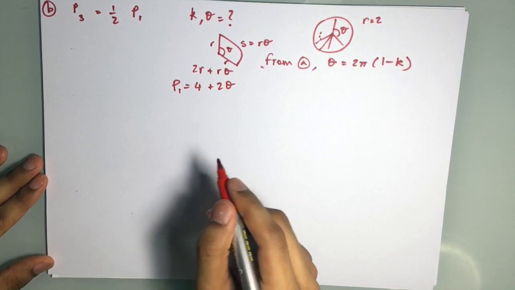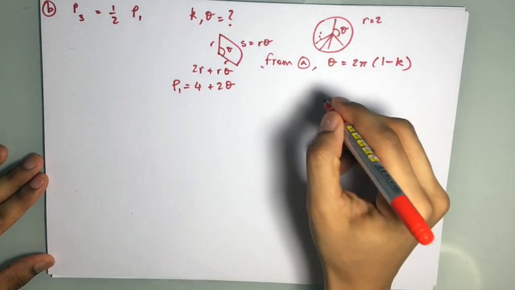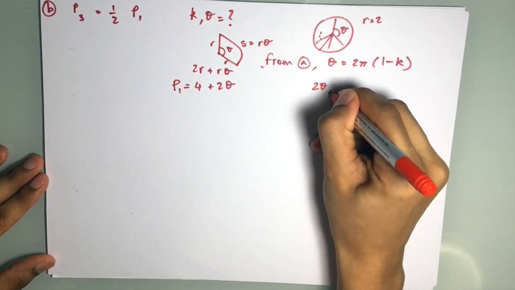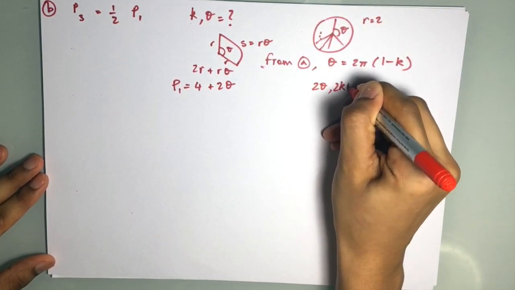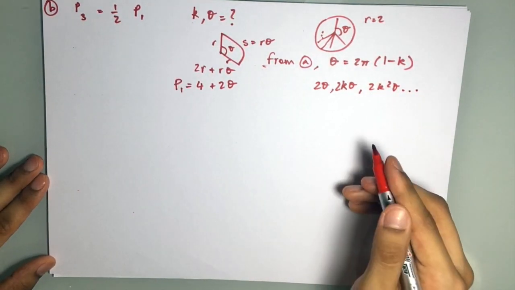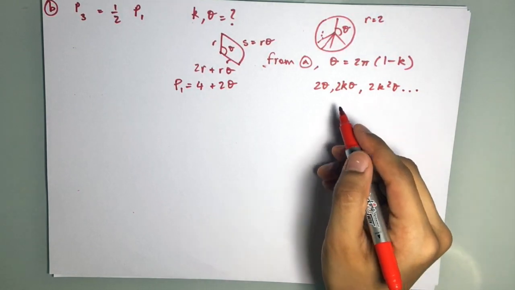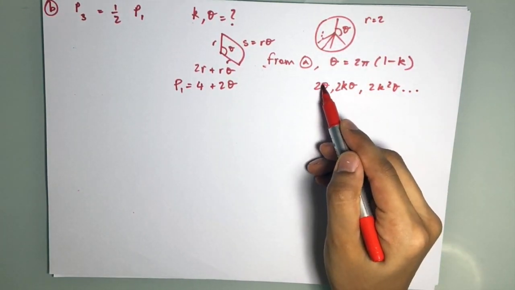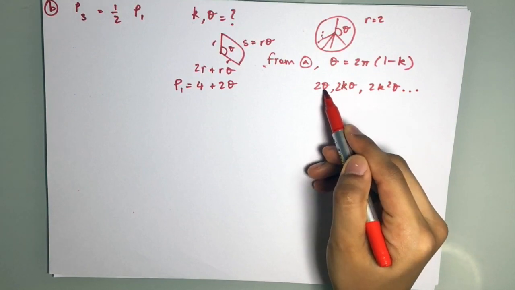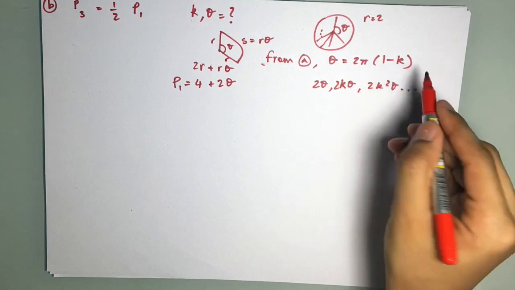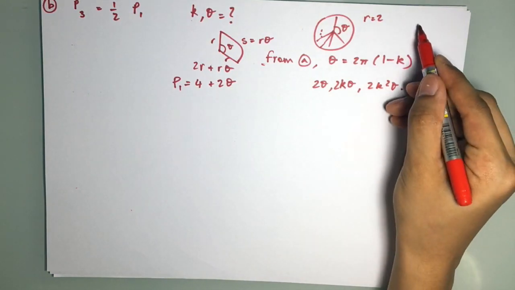And we know from the first part that the areas of the sectors were 2 theta, 2k theta, 2k squared theta, and so on. And so we know that the areas of the sectors have common ratio k, but so do the angles of the sectors, because the area of a sector is what?